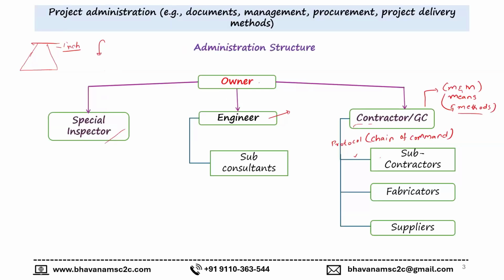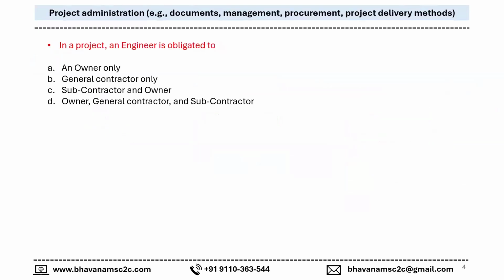With respect to the structure that I gave you, I believe you can answer this question. In a project, an engineer is obligated to. It means an engineer is liable or responsible to whom? Is it the owner?